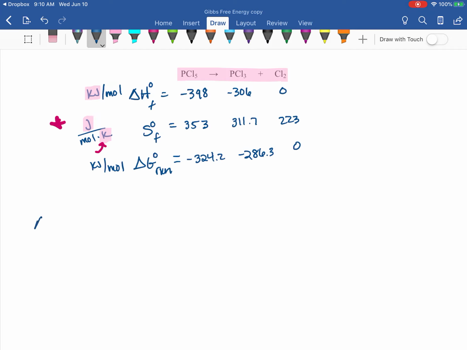All right, let's start with our enthalpy. Let's calculate the enthalpy of that reaction. Remember, that's products minus reactants. So let's go ahead and start writing that out. And is our reaction balanced? Yeah.